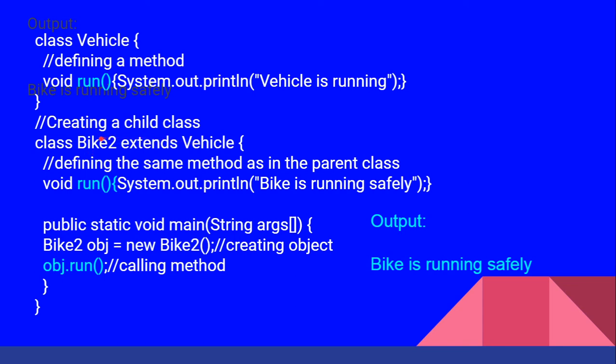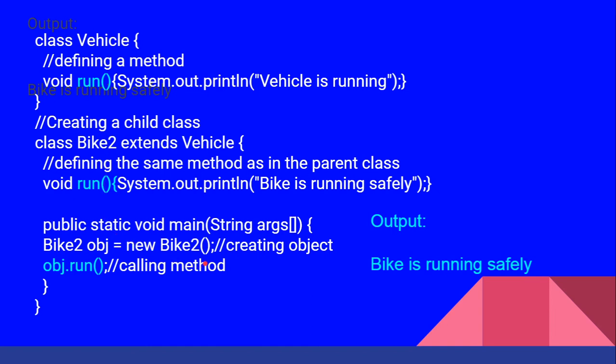The parent class is the same, Vehicle, and here we define the same function void run but with a different statement, System.out.println bike is running safely, for example. Then public static void main String args, Bike2 obj is equal to new Bike2, creating an object of the class Bike2.